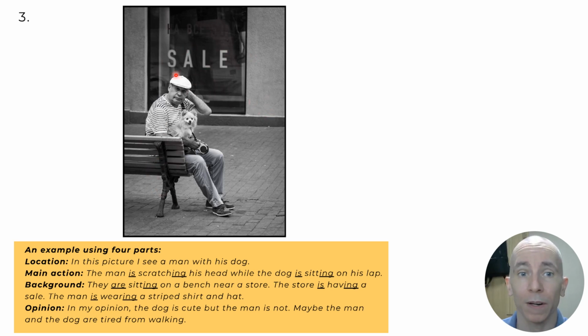The store is having a sale. The man is wearing a striped shirt and hat. In my opinion, the dog is cute, but the man is not. Maybe the man and the dog are tired from walking.